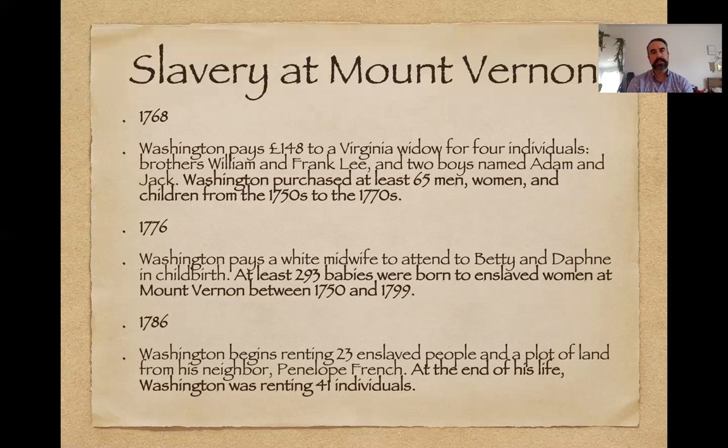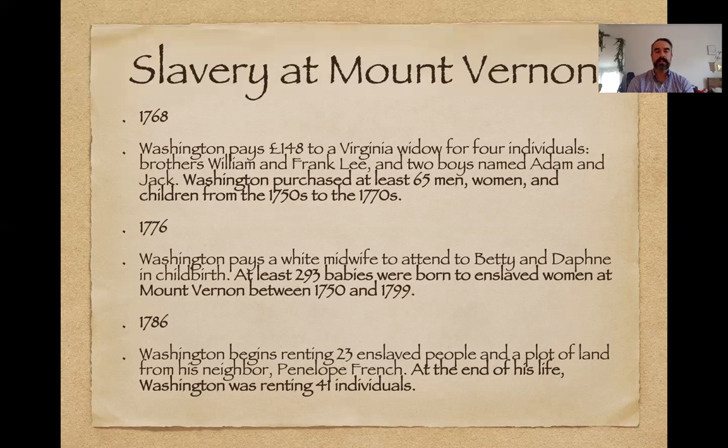And then Billy Lee is injured and is really no longer able to ride alongside Washington, and basically is just cast away and sent back to Mount Vernon. That sense of this slave as property is evident when Billy Lee no longer serves as useful for Washington. And so we see that callousness that exists there, right?